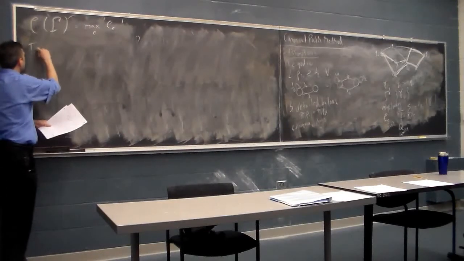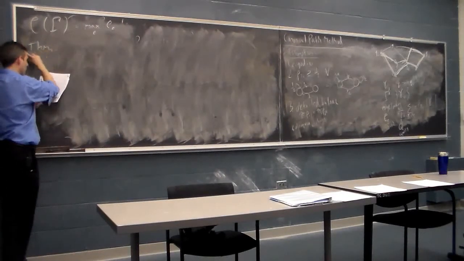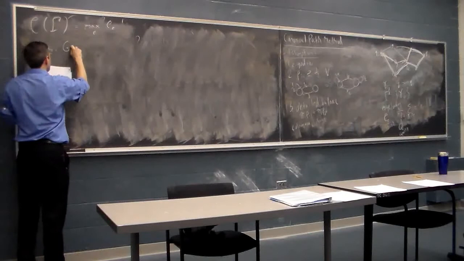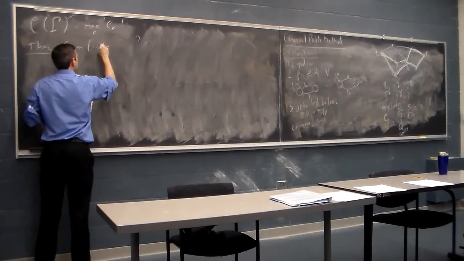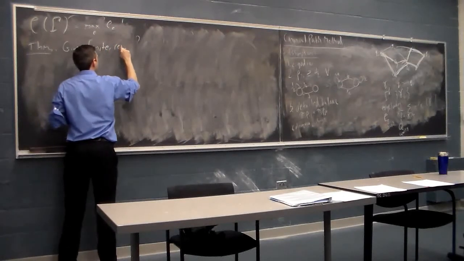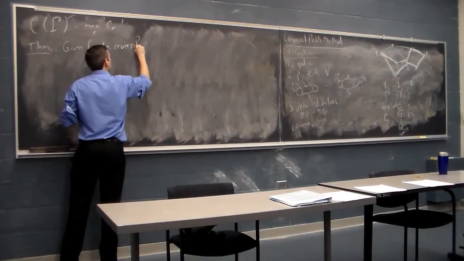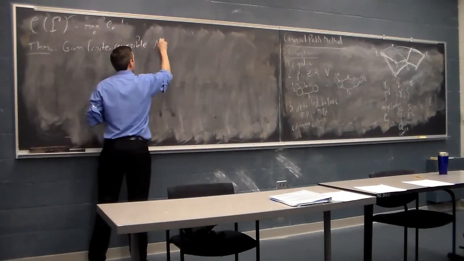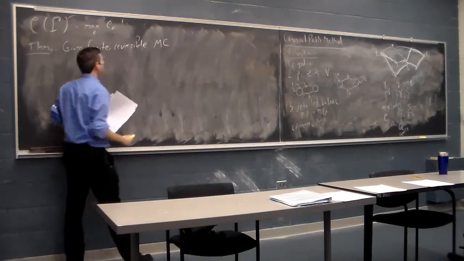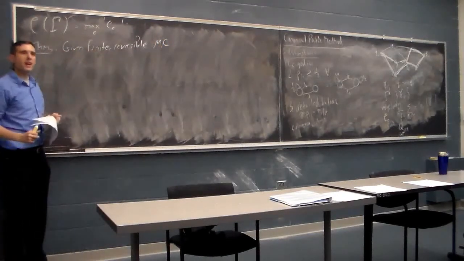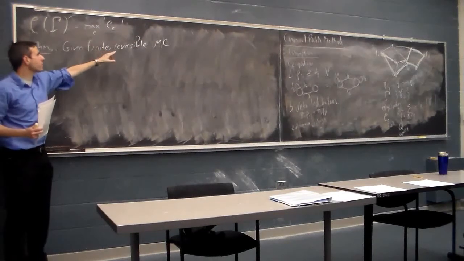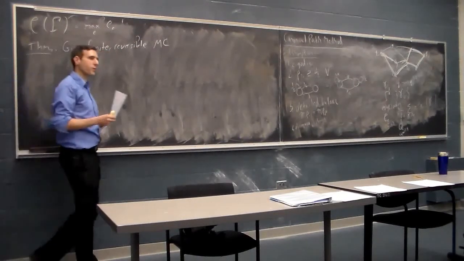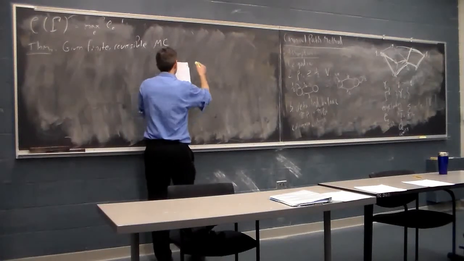In particular, the formal statement of that is the following theorem. So given a finite reversible Markov chain, and reversible, I'll just point out, is a synonym for having detailed balance. So if a Markov chain exhibits detailed balance, reversible is just a term to refer to that.